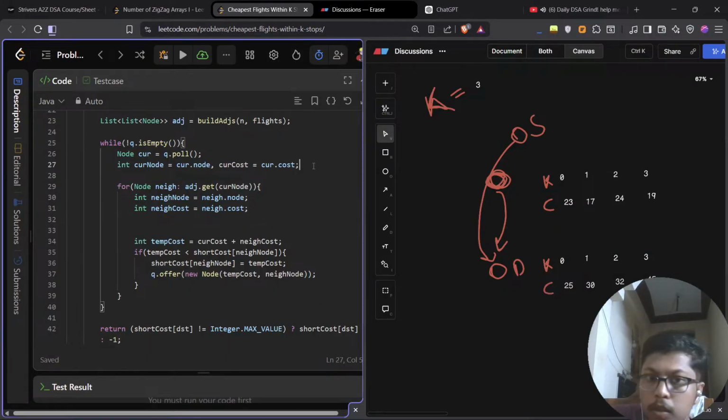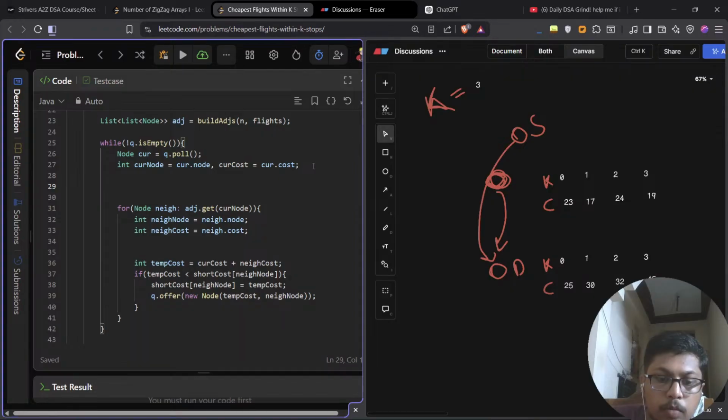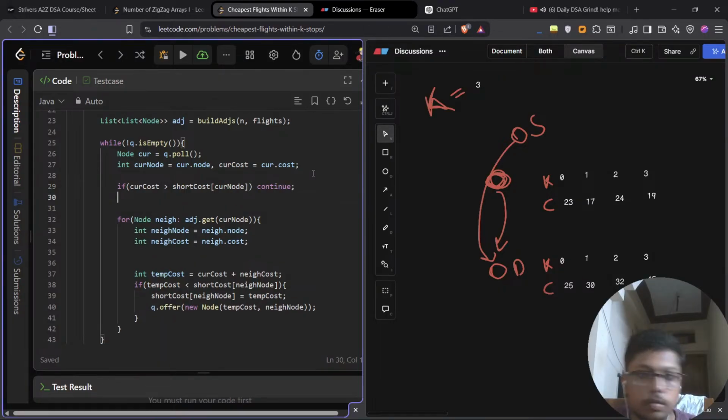One thing I remember is that my current cost is below the maximum. But in any case, if it's invalid, I will ignore it, right? So I would say continue.